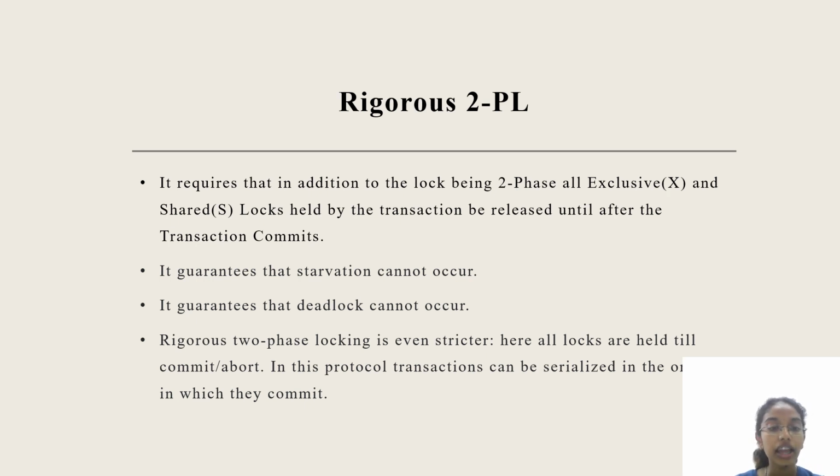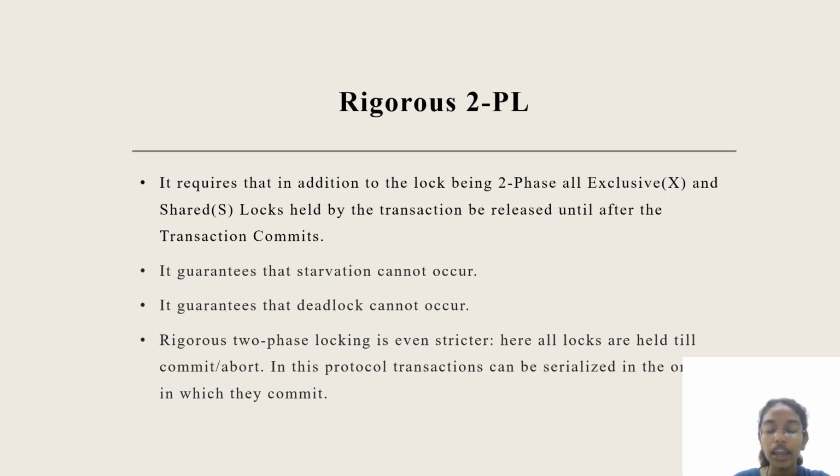A transaction can acquire locks in the growing phase, and also a transaction can release locks in the shrinking phase. All locks are held until the transaction commits. The growing phase is the period during which a transaction acquires locks. During this phase, the transaction can only acquire new locks.